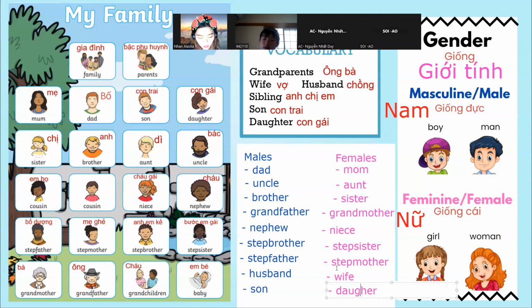Okay, so now we are going to practice pronouncing the words, okay? Can you read this one for me? Dad, dad. Mom. All right, how do you read this?